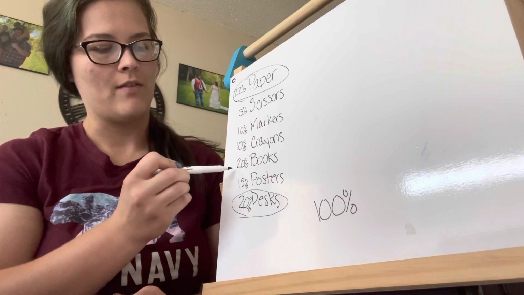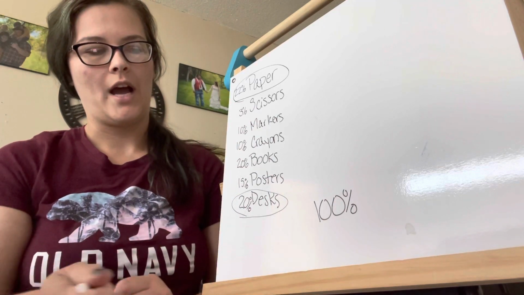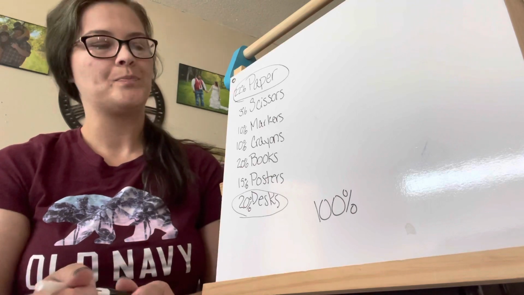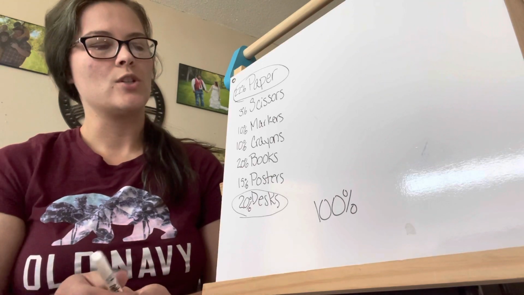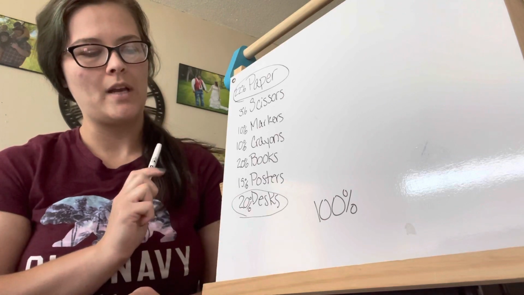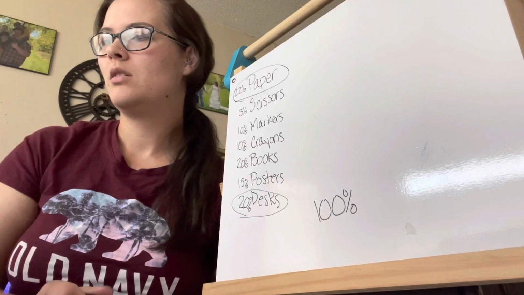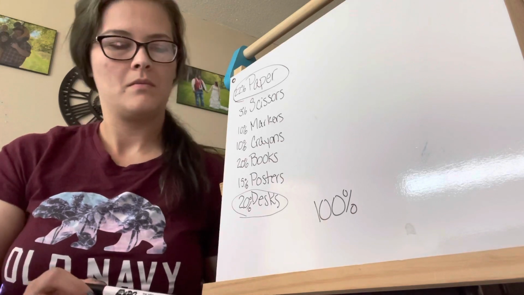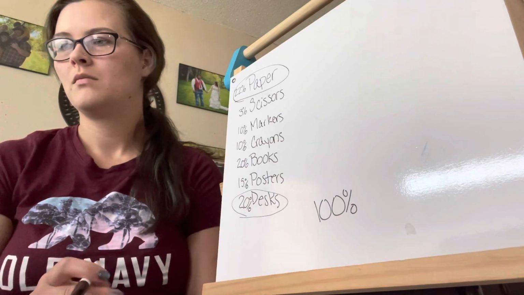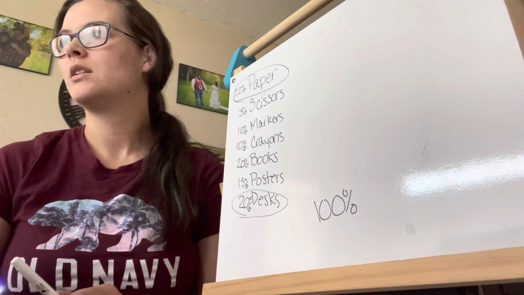And in this case, we have another 20%, so 20% for books might be a higher up one as well. So which one do you think is higher? Do you think markers would be higher or posters would be higher based on the percentages? Posters, yep, because they have 15% and markers only have 10%.